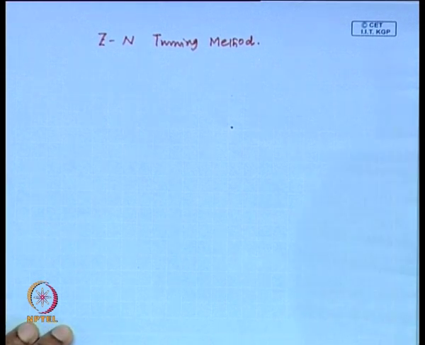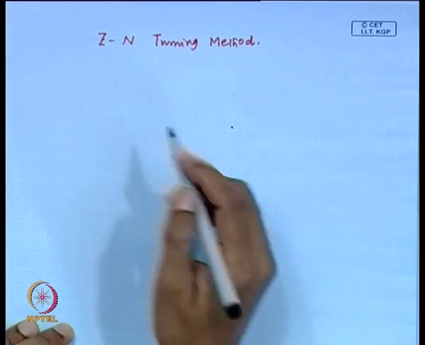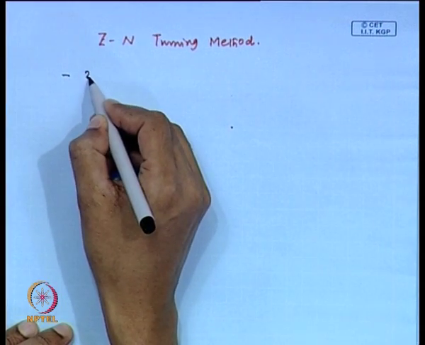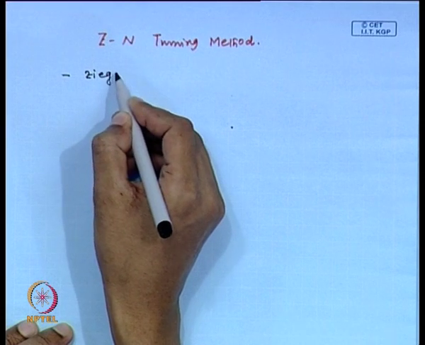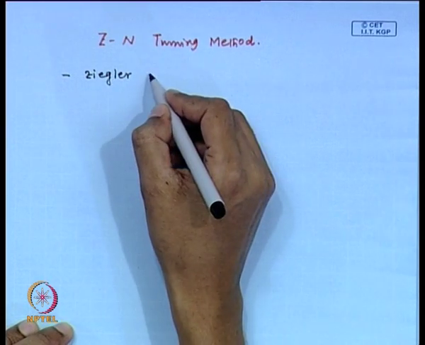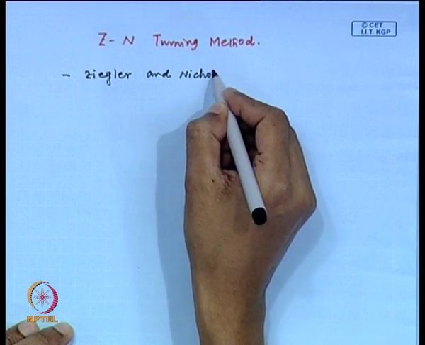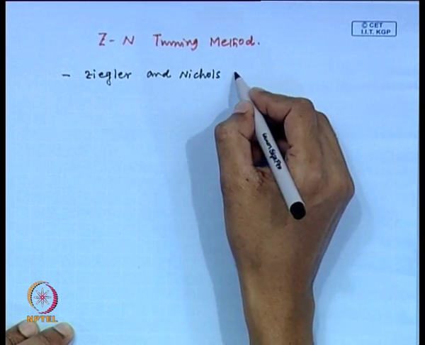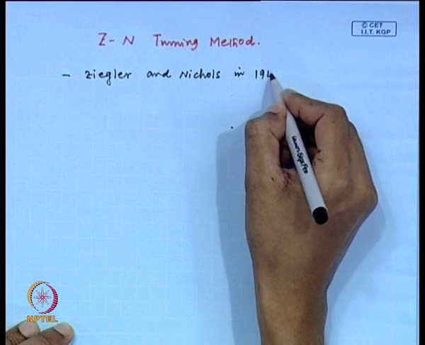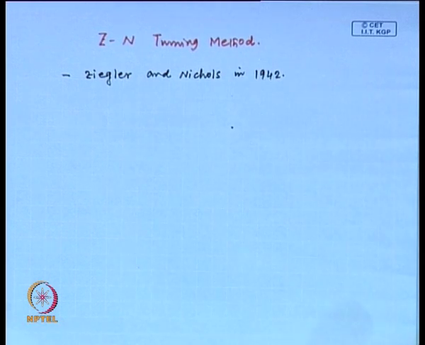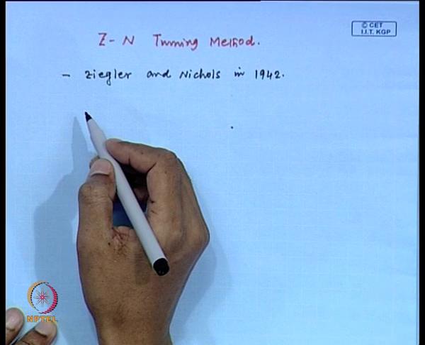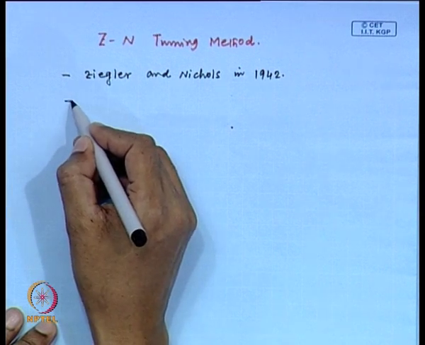Ziegler-Nichols tuning method. This technique was proposed by Ziegler and Nichols in 1942.